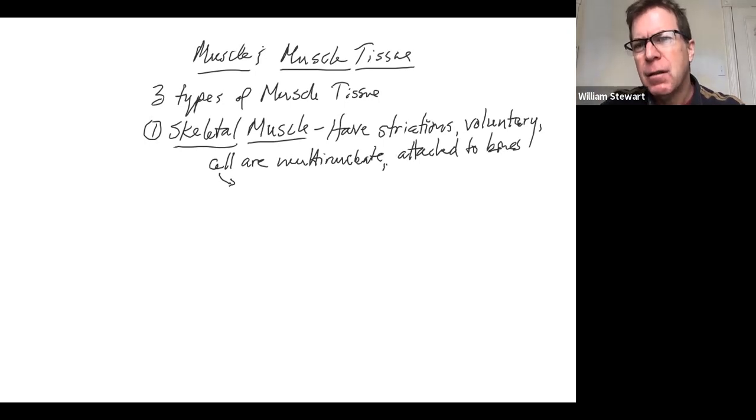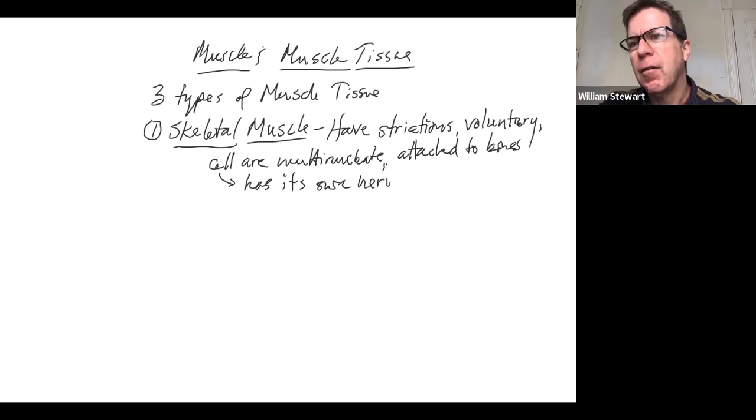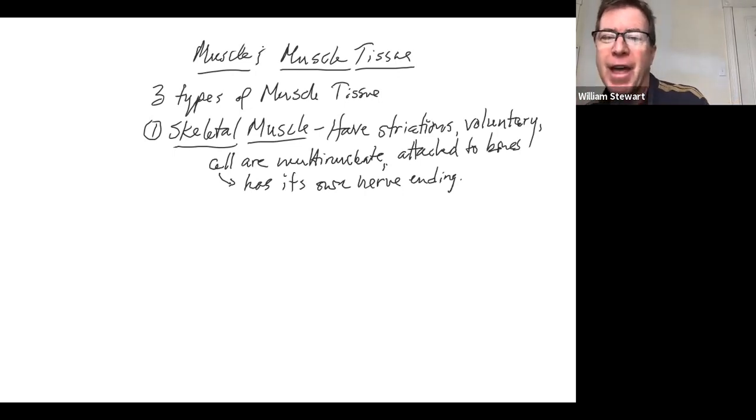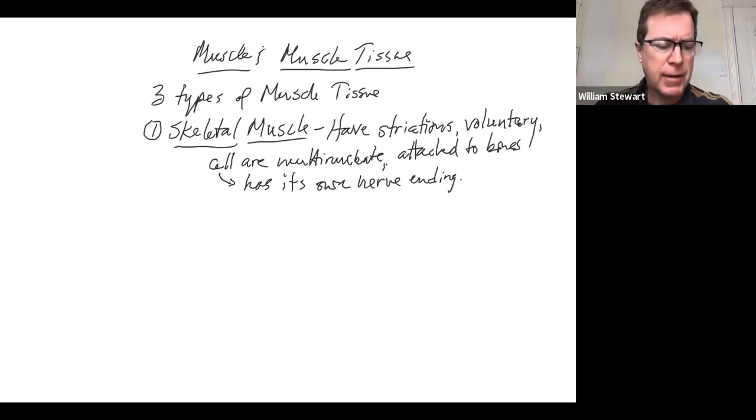So each cell has its own nerve ending. Without direct neural stimulation to each cell, that cell is unable to contract.